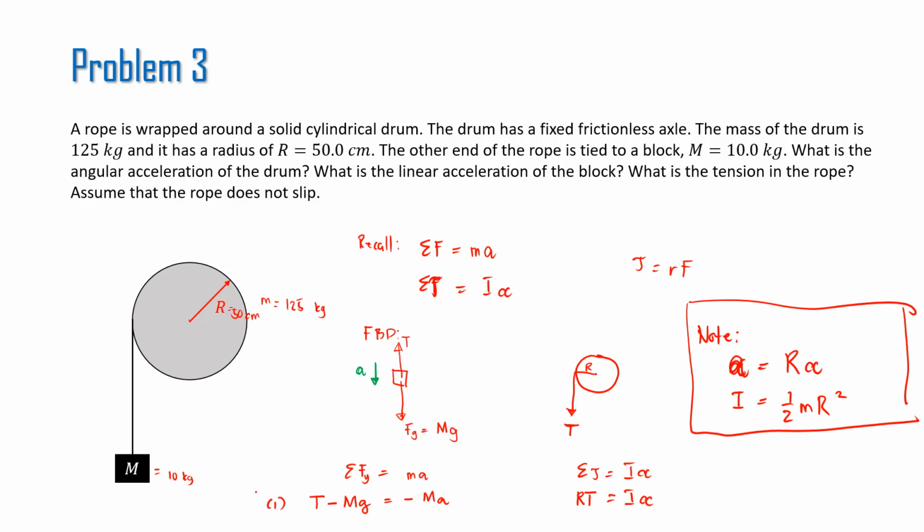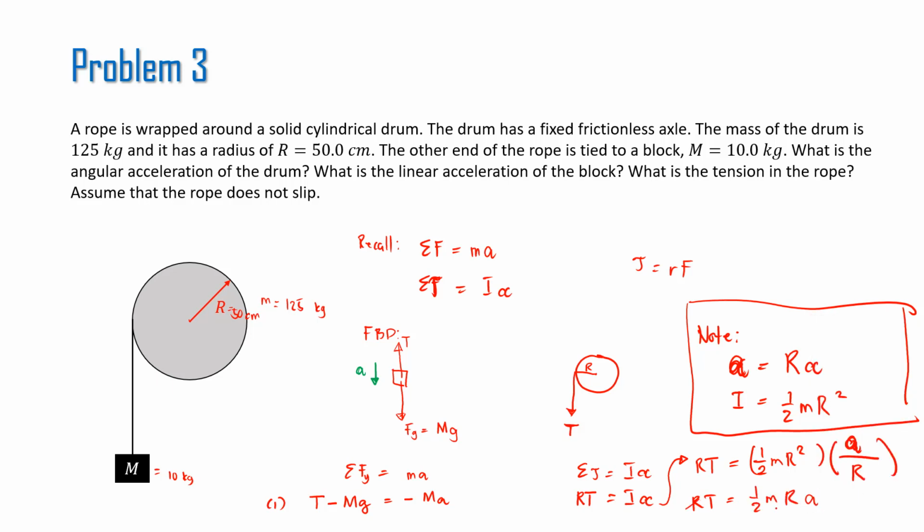Our first equation is this one. And our second equation is, from here, RT is equal to 1/2 mr squared multiplied by your alpha, which in terms of the linear acceleration is equal to a, the linear acceleration, divided by R. So R times T is equal to 1/2 mRa.